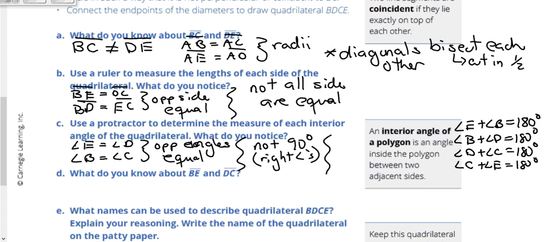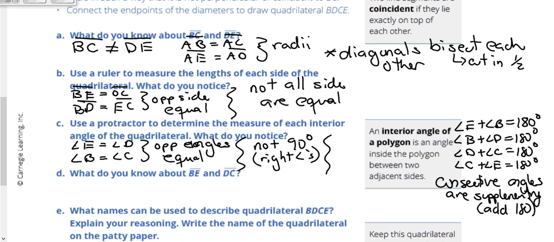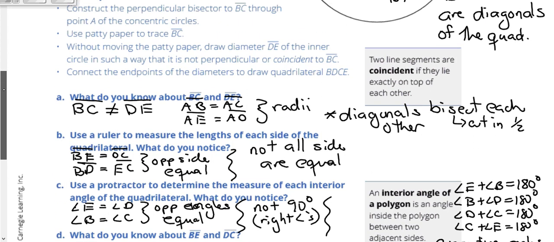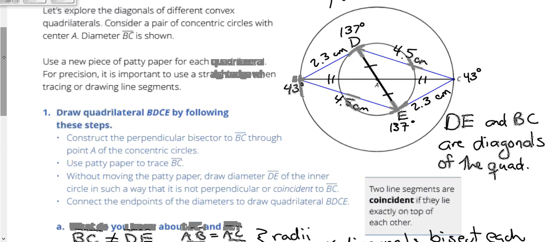So this means that consecutive angles, angles that are right next to each other, are supplementary, meaning they add to 180 degrees.